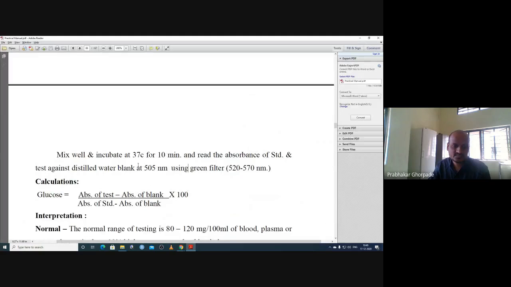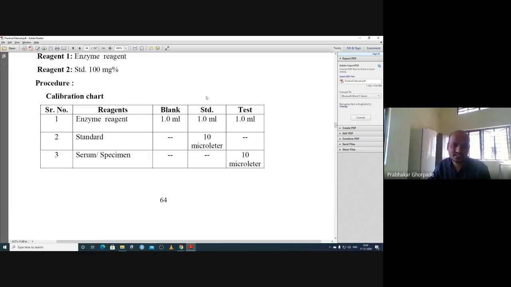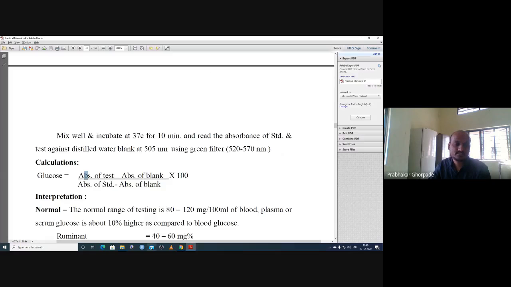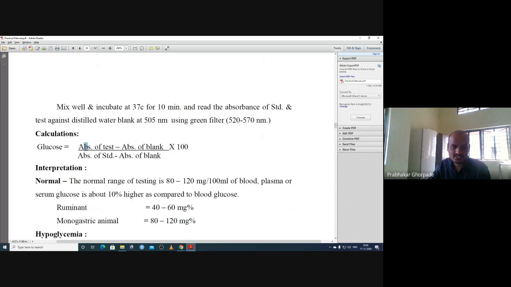Okay, so this is a spectrophotometer, and this is how we get the optical density reading. For the blank you will get one reading, and for the test you will get one reading. Put them in this equation: the glucose concentration equals the optical density of the test minus the absorption of the blank, divided by the absorption of the standard minus the absorption of the blank, multiplied by the glucose concentration of the standard.